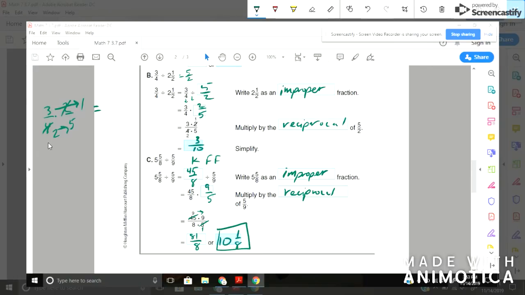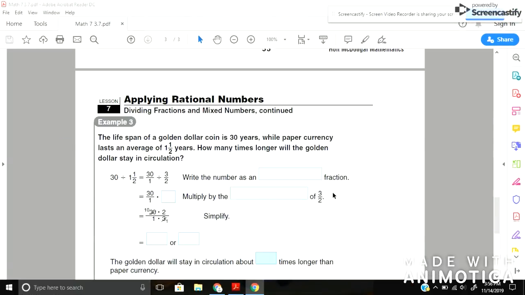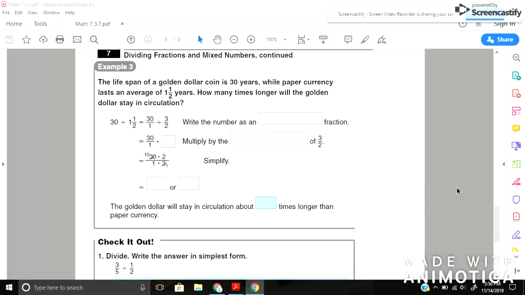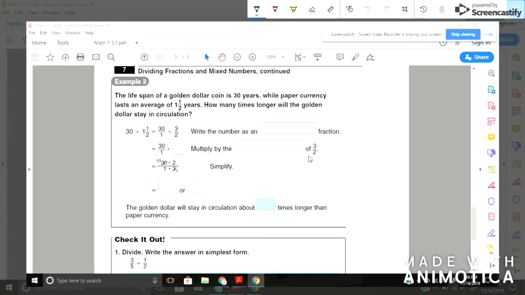All right, hopefully you're getting the hang of it. Flip to the back side for the last example. The lifespan of a golden dollar coin is 30 years, while paper currency lasts an average of only a year and a half. How many times longer will the golden dollar stay in circulation?